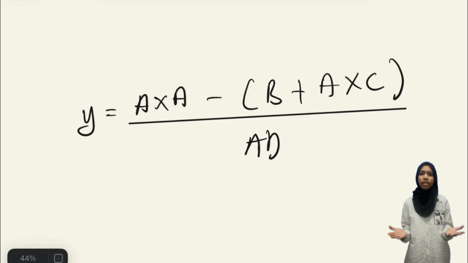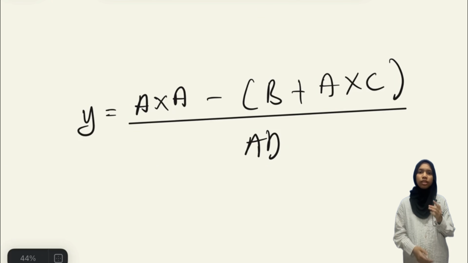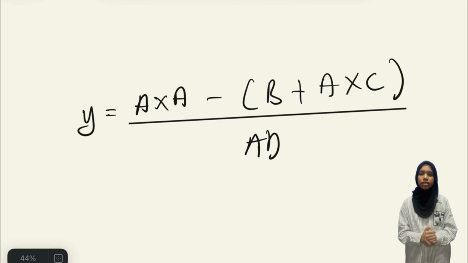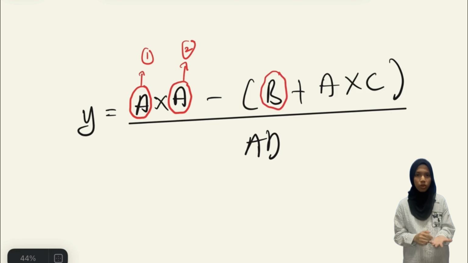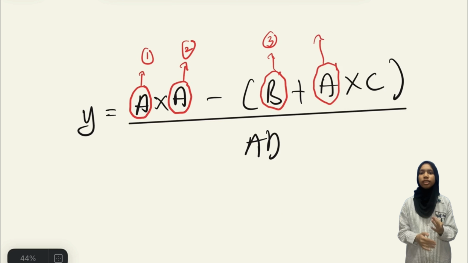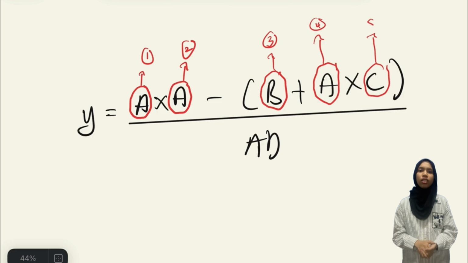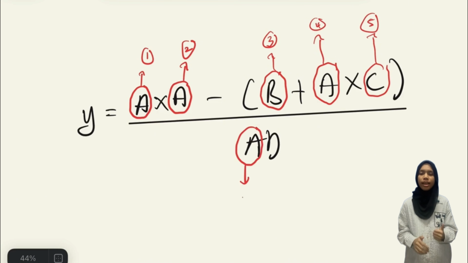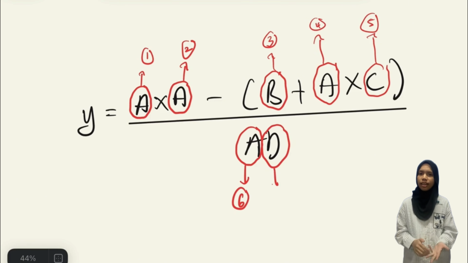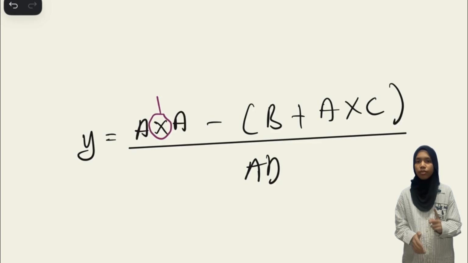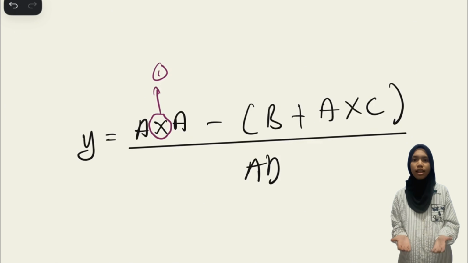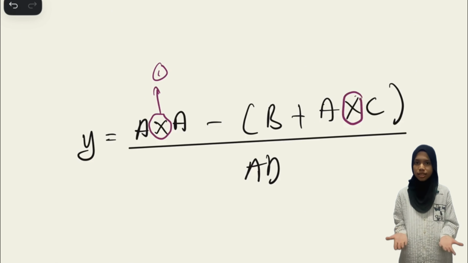For this question, the first step is to determine the order of the registers. The first order is A, and the second order is also A. The third order is B. Then the order continues with A, C, A again, and finally D. Let's determine the order of the operations. First, multiply A×A. Second, multiply A×C.